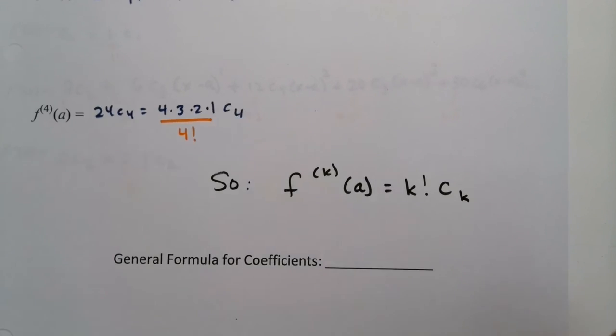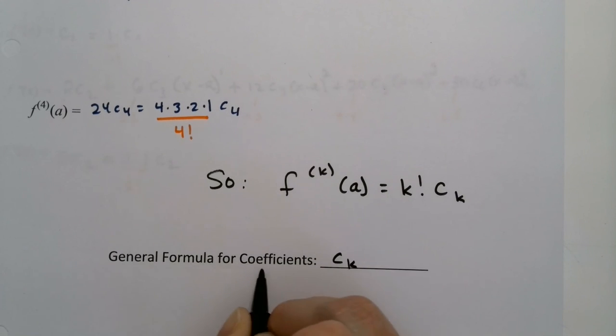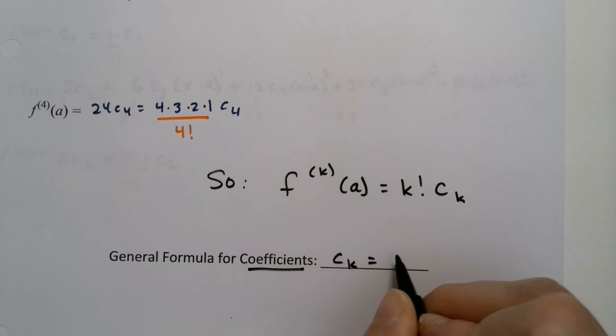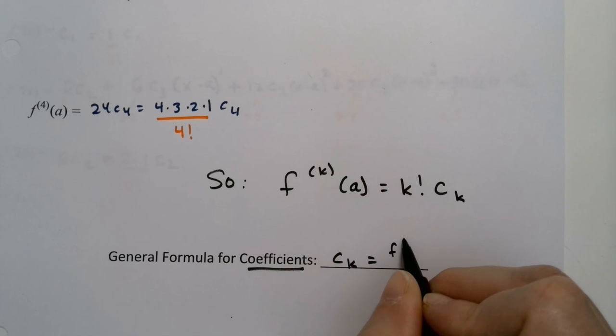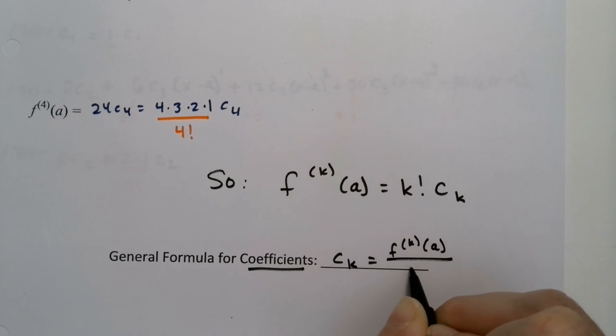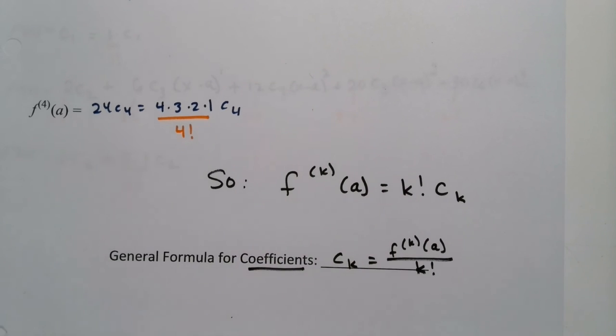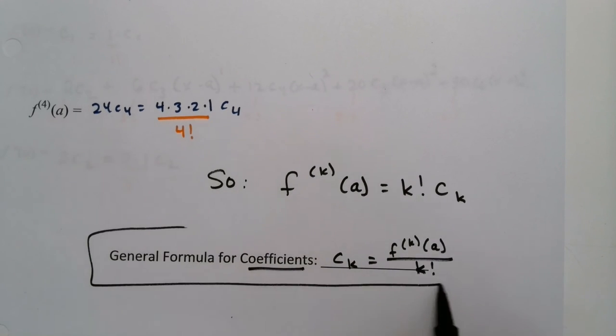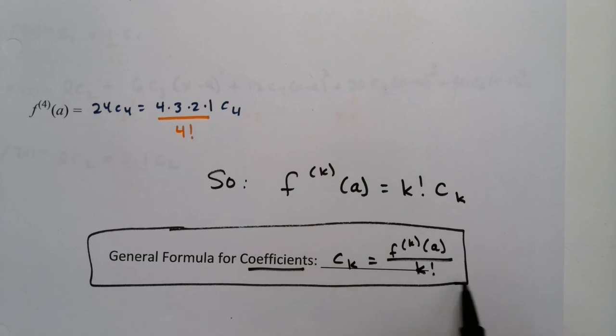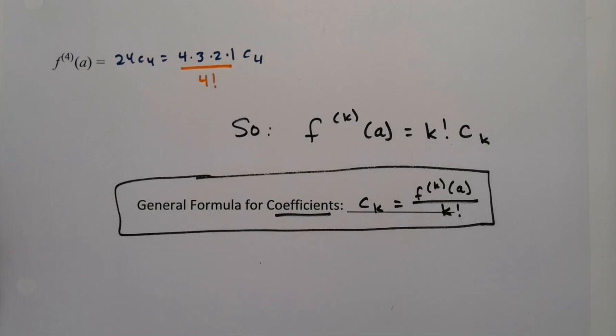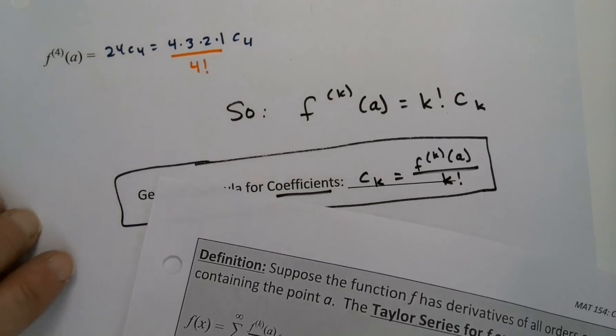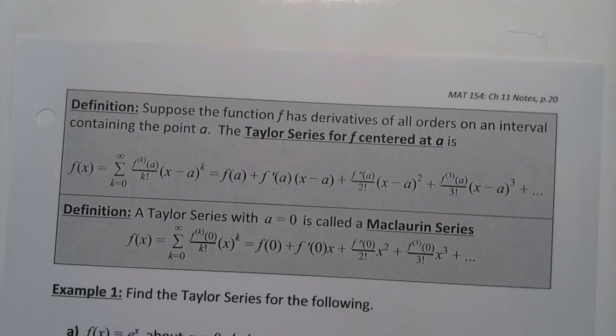Interesting. And that means that ck, the coefficient, must be equal to the kth derivative at a divided by k factorial. And we can use that fact to define our Taylor series.